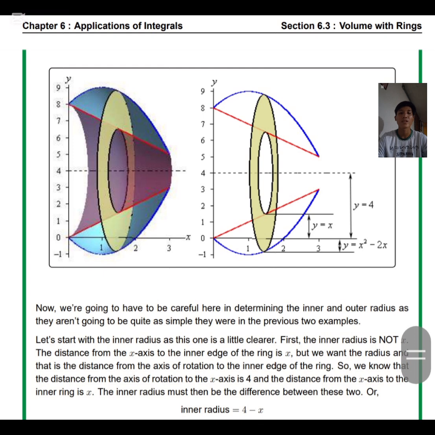So, we know that the distance from the axis of rotation to the x-axis is 4, and the distance from the x-axis to the inner edge of the ring is x. The inner radius must then be the difference between these two, or inner radius equals 4 minus x.